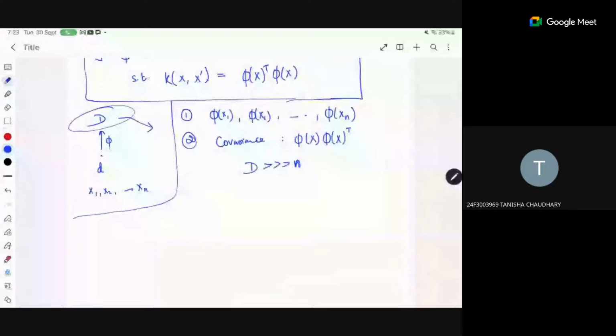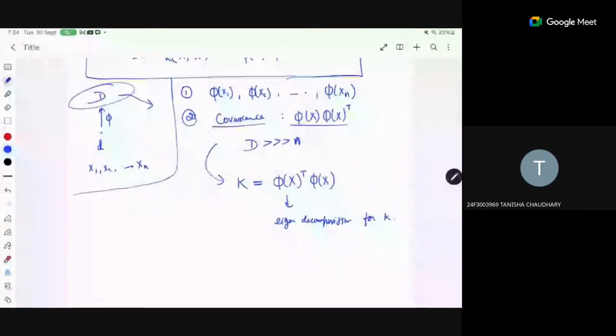Instead of finding the covariance matrix, which is phi of x phi of x transpose, I will do phi of x transpose phi of x, and I will find the eigenvalue and eigenvector. We find the eigen decomposition for K.